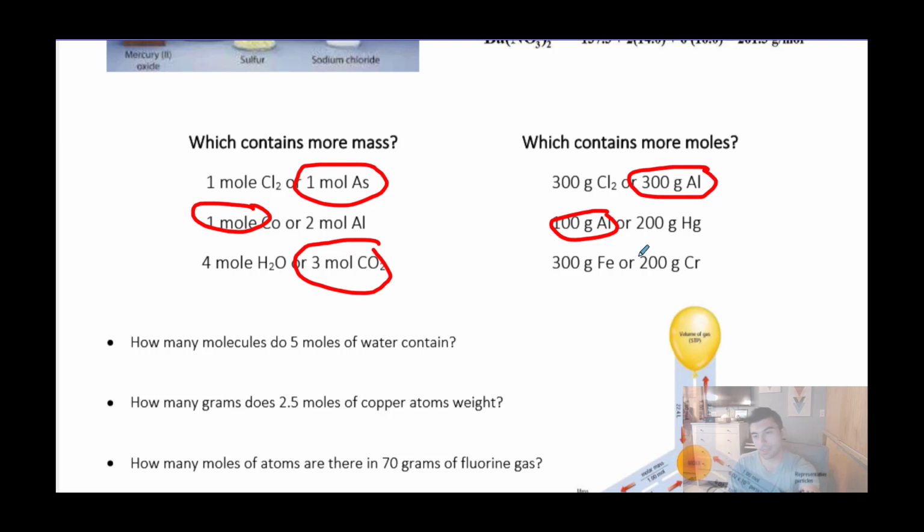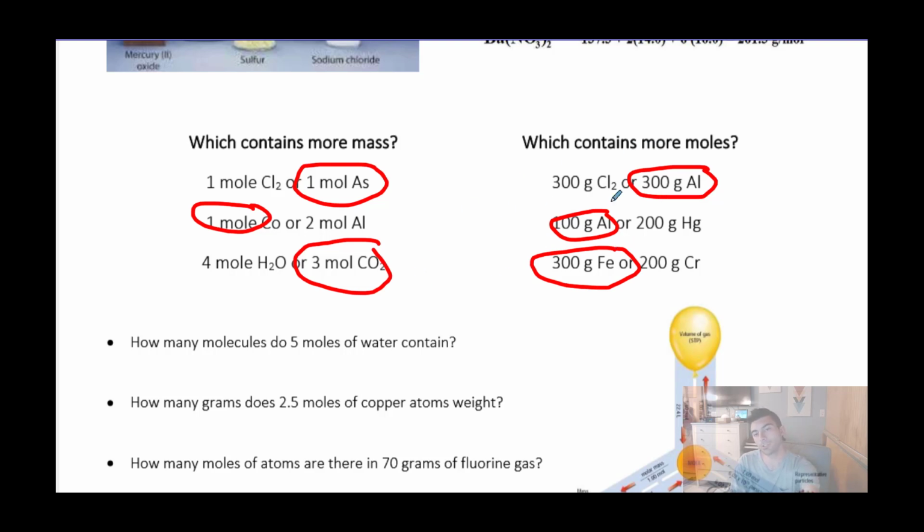So we could do a quick calculation here if you can't do it in your head. 200 grams of chromium has about 4-ish moles in it, where I have 300 grams of iron here. The molar mass of iron is 56, so it's about 5 moles. So more moles than 200 grams of chromium.